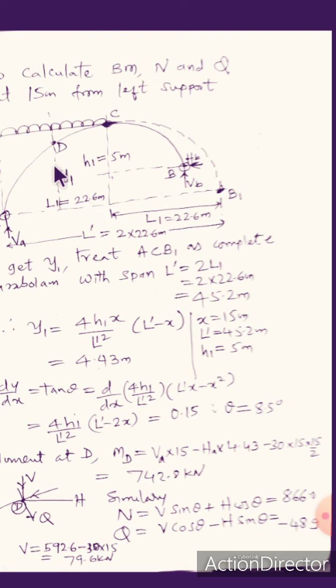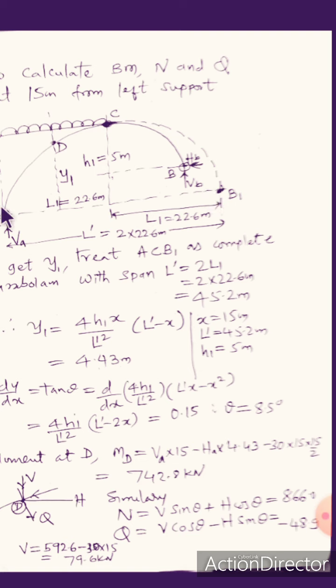In this way the curve is formed, this parabolic curve is formed, so that I can use this formula y1 is equal to 4h1x by L dash square. So what is L dash here? L dash is nothing but distance between A and B1. This is L dash, which is nothing but 2 times L1.